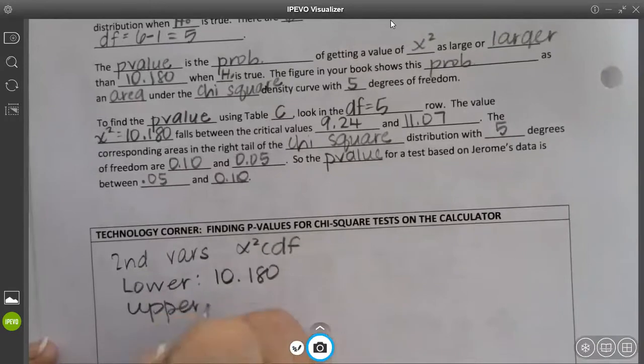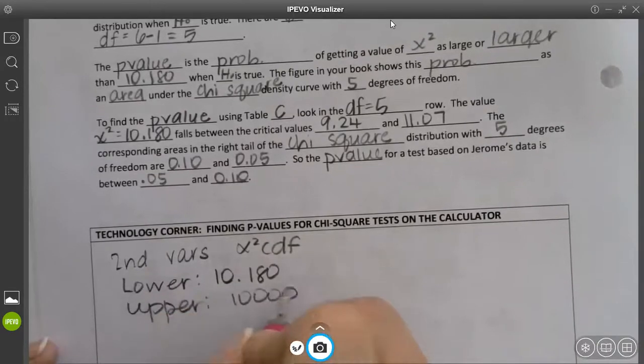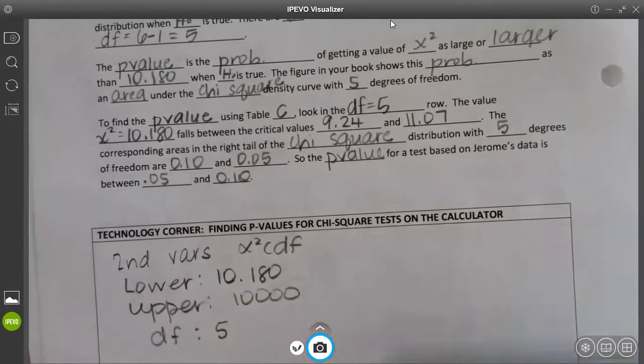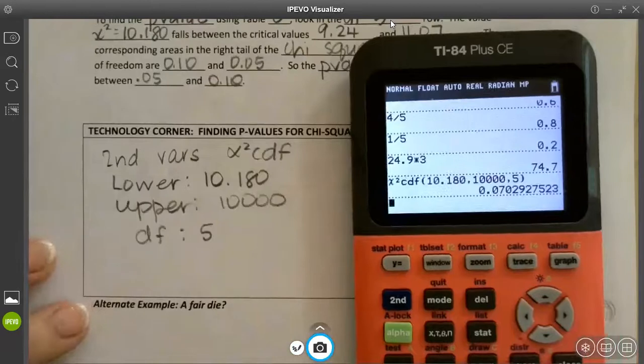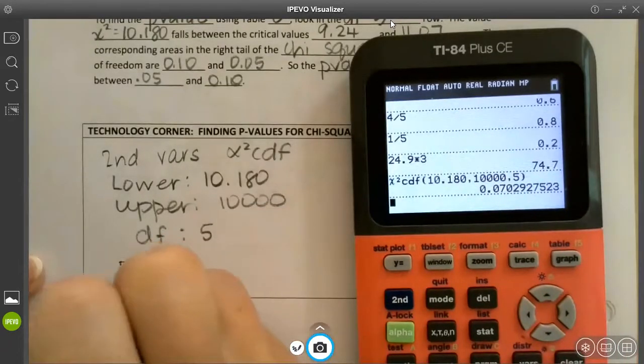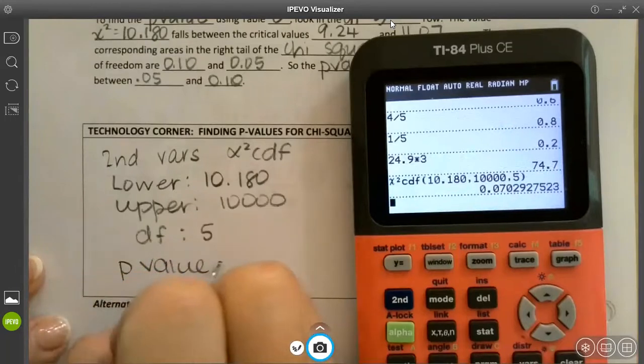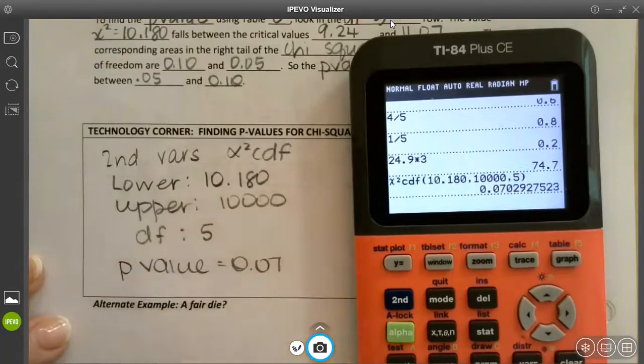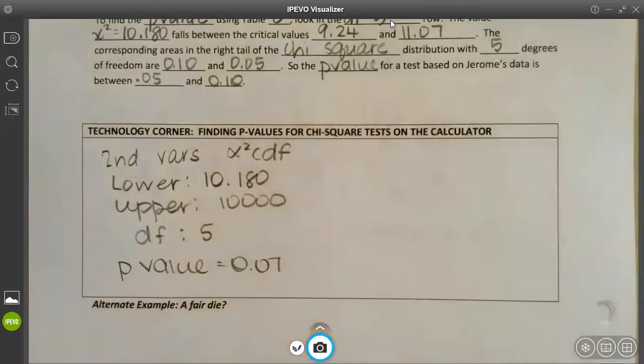Your upper is going to be a large number. And then your degrees of freedom are 5. So when you put it in there, it gives you a p-value equal to 0.07, which is between 0.05 and 0.10.